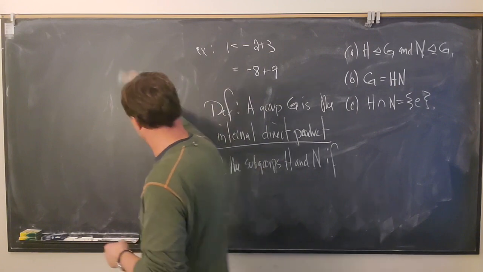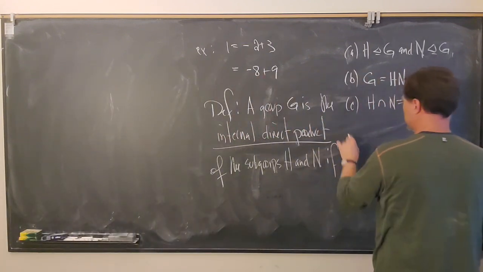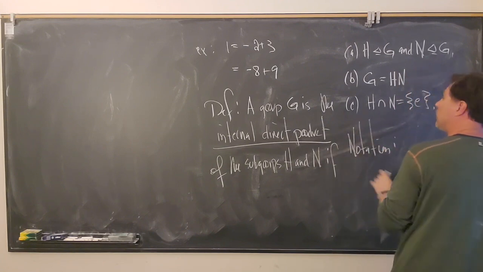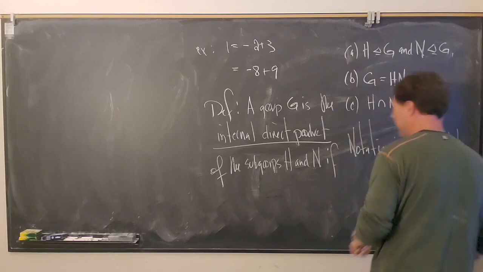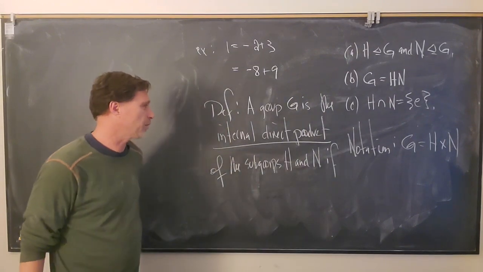And the notation when this occurs, we would write G equals H cross N. And you should say, oh, that's terrible. That's the same notation we had before.